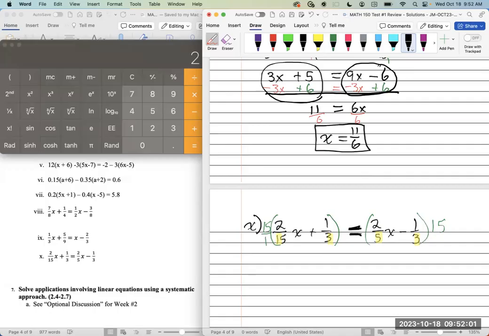Keeping my equal signs lined up so I don't make silly mistakes. This is 15 times 2/15, which will reduce to 2, plus 15/3 is the same thing as 15 times 2/5 times x minus 15 times 1/3, which is 15/3.